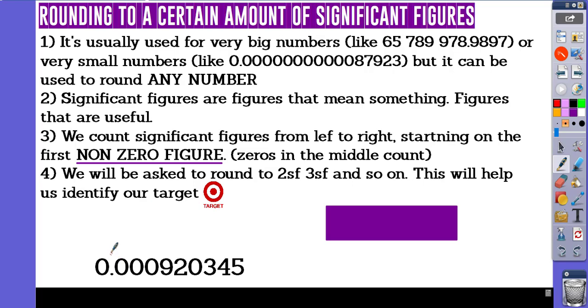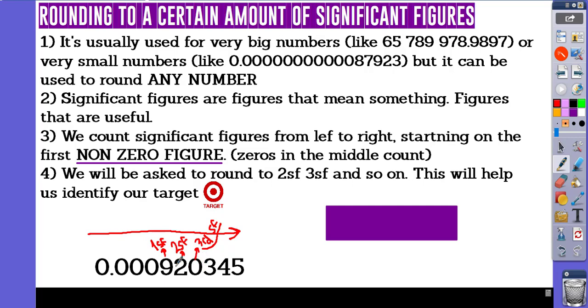In this number, we count from left to right, and we start counting significant figures from the first non-zero figure. So the first significant figure is this one. The second significant figure is number 2. 0 will be the third significant figure. Why?